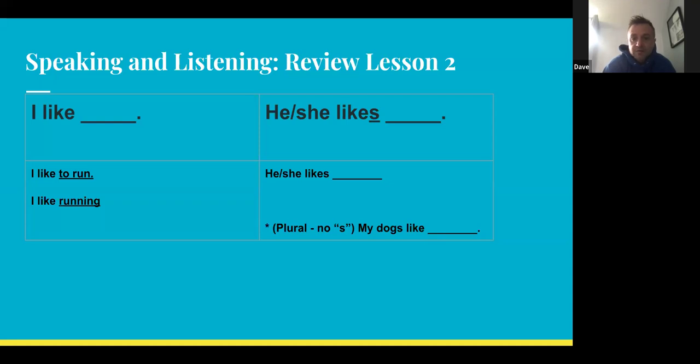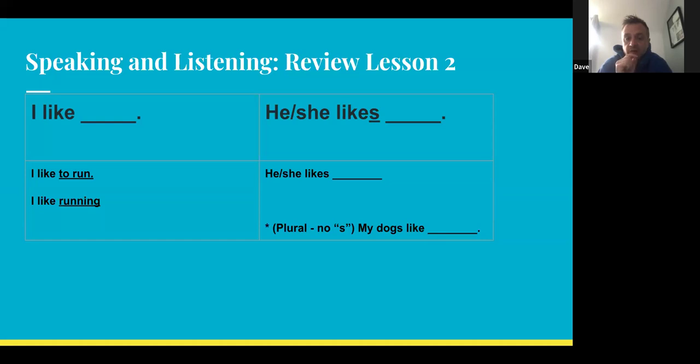When you have this third person singular, our verb gets the S. But when our third person is plural, my dogs, it's plural, I use like, okay? My dogs like to run. My dogs like to swim, right?